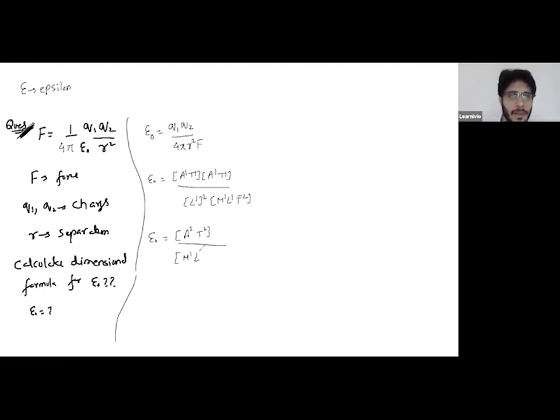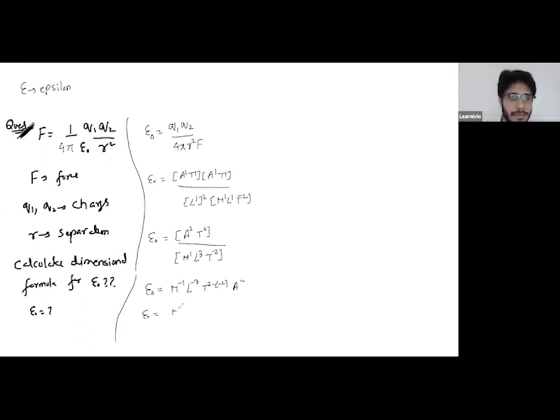So in the denominator, this is M1, this is L square and L1, so it will be L cube. And this is T to the power minus 2. So the combined is, if I take this M in the numerator, this will be M to the power minus 1. Then you have L to the power minus 3, then T to the power 4, then you have A square.